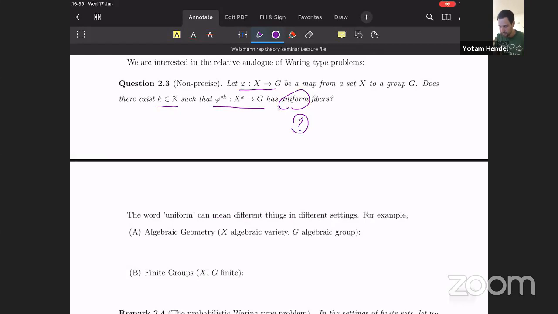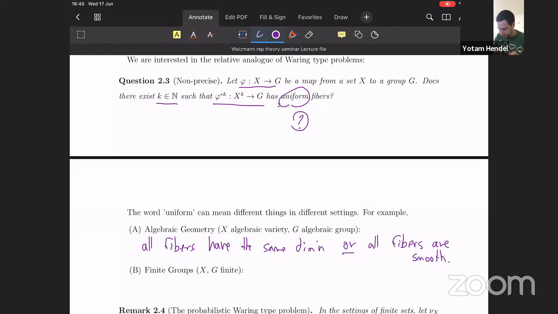So for example, if I'm in the setting of algebraic geometry, then uniform might mean all fibers have the same dimension, or maybe all fibers are smooth or lie in some nice singularity class.